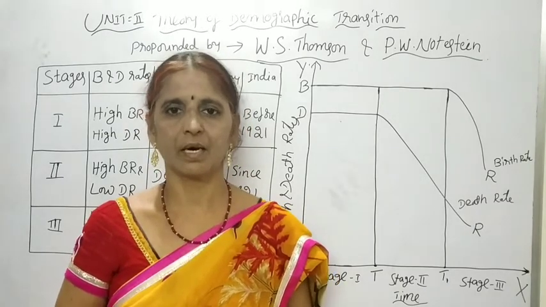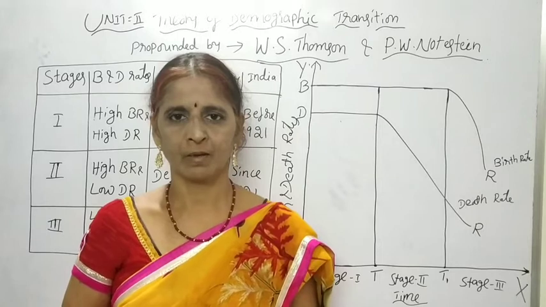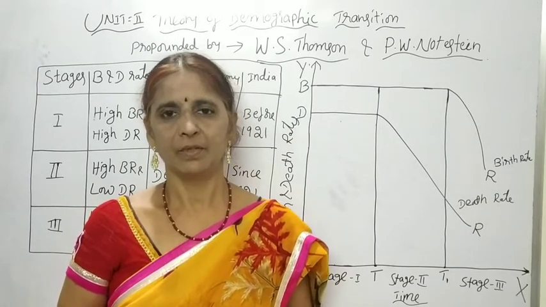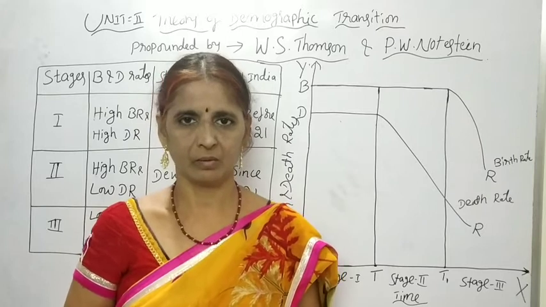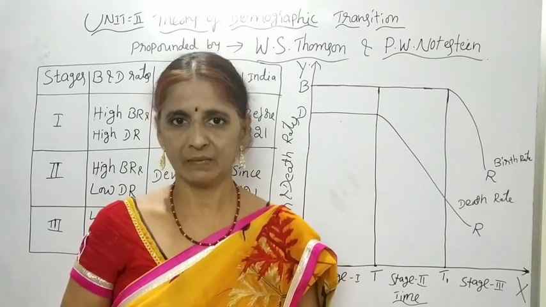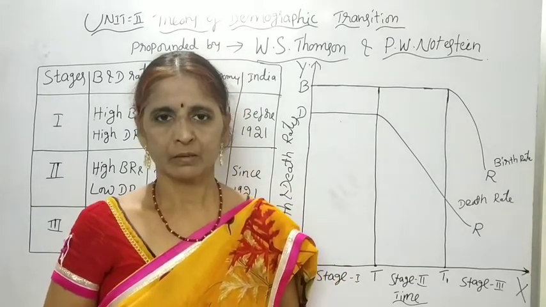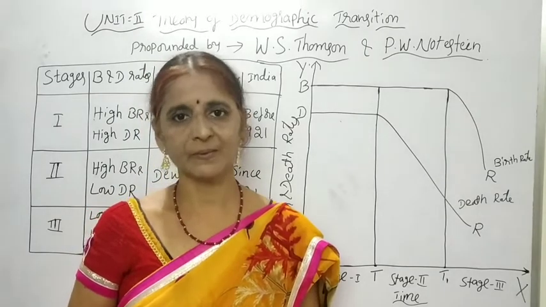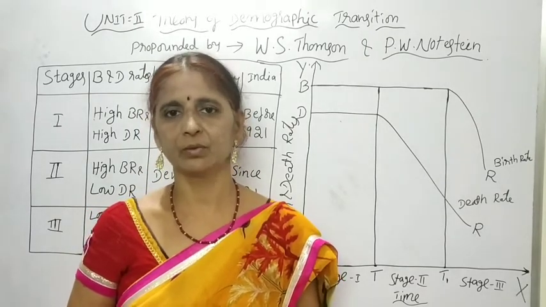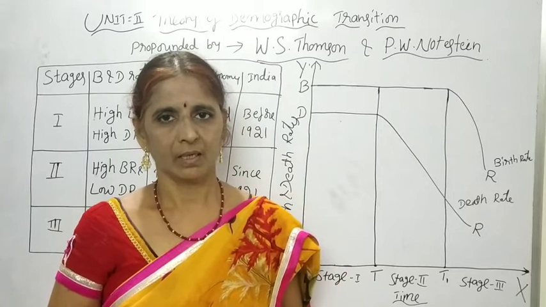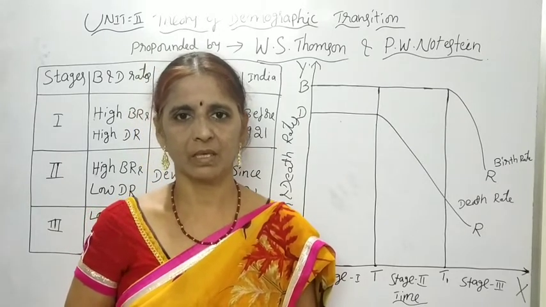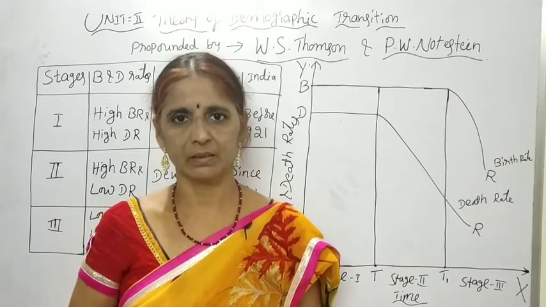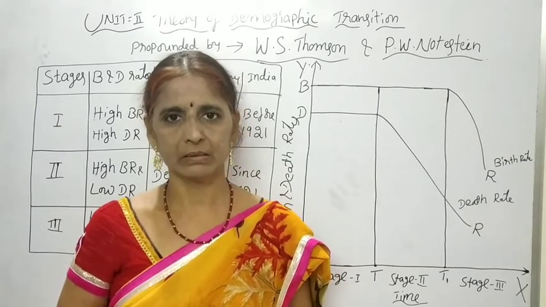This is called the composition of the population. We also study how heavy population growth is adversely affecting the development process, mainly in developing countries like India. Heavy population growth is an obstacle to development. Due to heavy population growth, developing countries are facing the problems of unemployment and poverty, which are all studied in this unit.